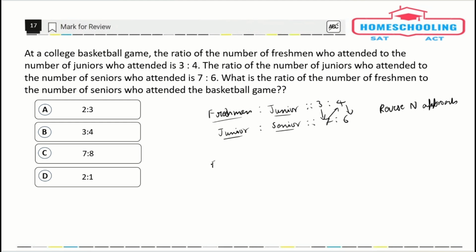So that would be freshman, junior, and senior. So 3 into 7, freshman would be 21. Junior, 7 into 4, 28. And senior ratio would be 6 into 4, 24.